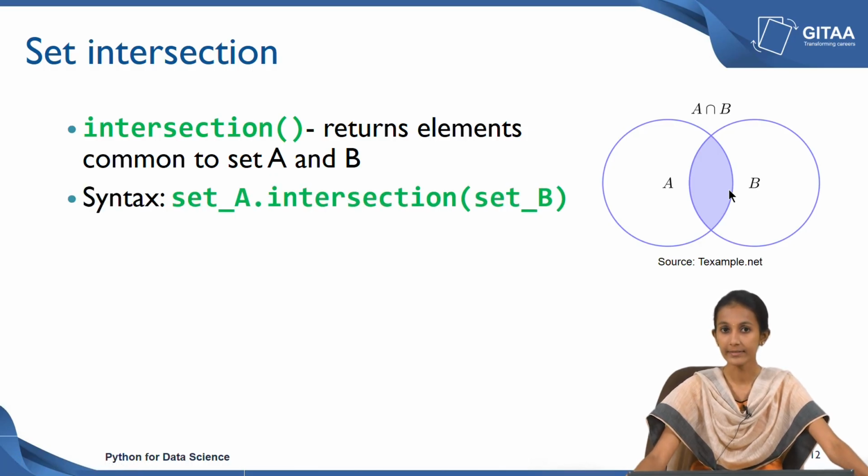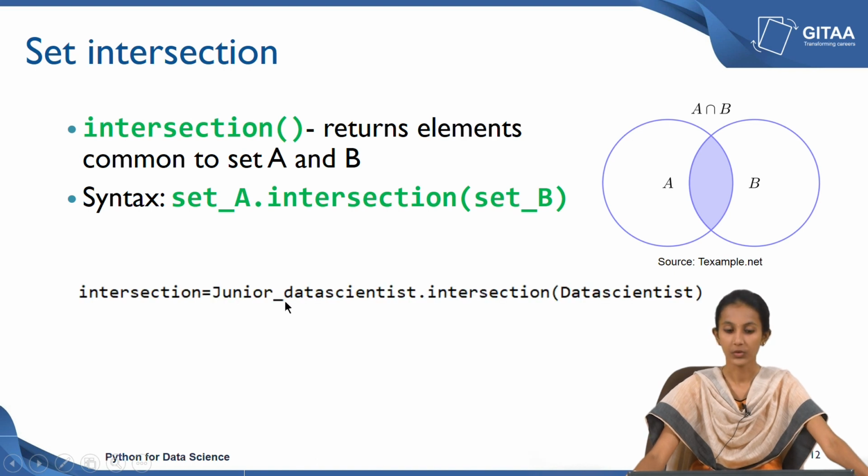The syntax is set_A.intersection, and inside the parentheses you specify set_B. Here I wanted to get the common elements from both sets, so I am storing it in a variable called intersection: junior_data_scientist.intersection(data_scientist).